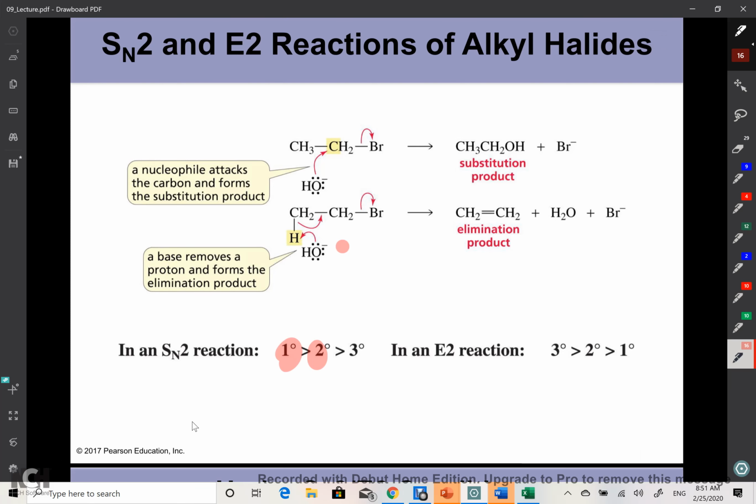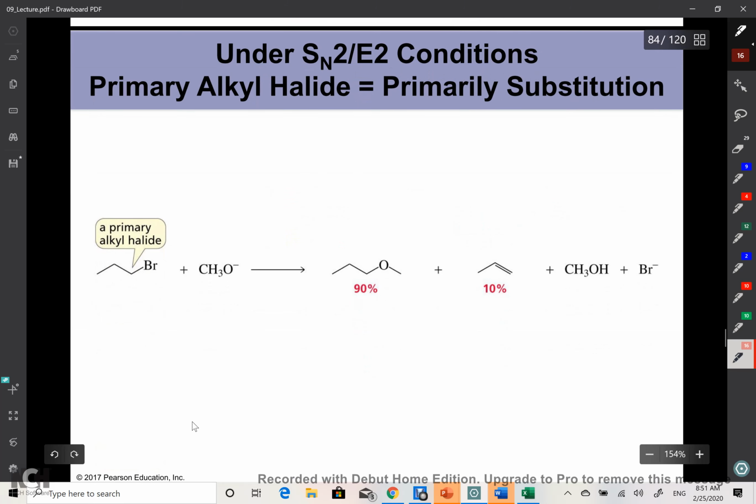Okay? Whereas in an E2 reaction, the tertiary and the secondary alkyl halide will prefer to undergo an E2 reaction. So we have kind of a reversal there, if you are doing a comparison between an SN2 and an E2.